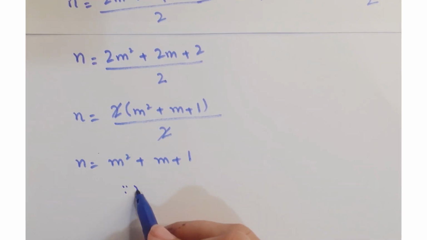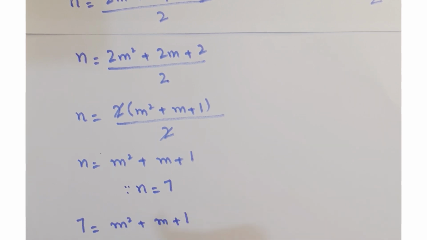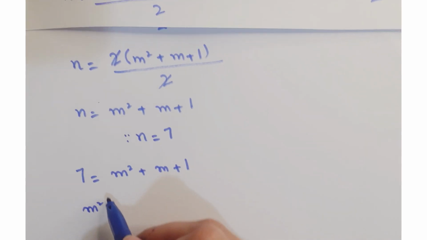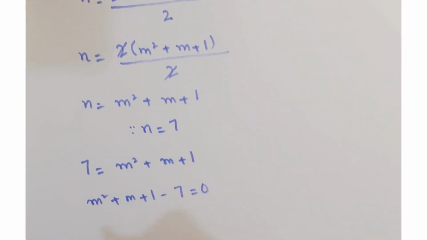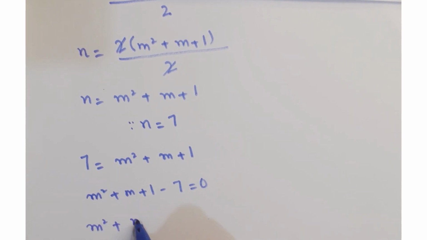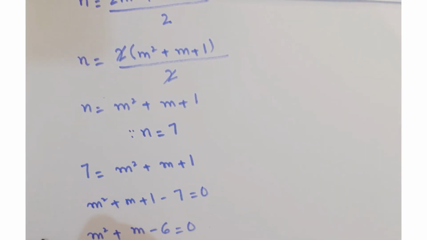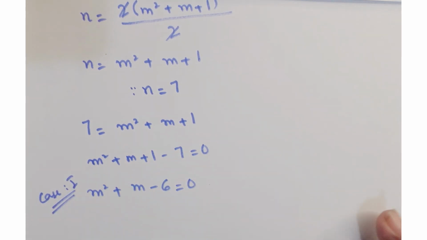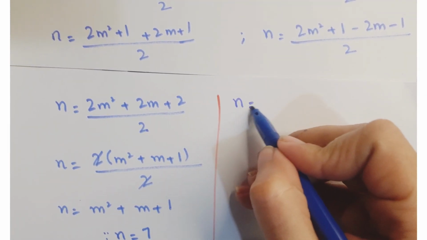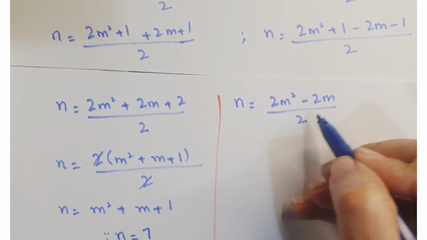Since n has a value 7, putting the value here, this is 7 is equals to m square plus m plus 1, or you can say m square plus m plus 1 minus 7 is equals to 0. Further, m square plus m minus 6 is equals to 0. Now this is our case number 1. Working on the other equation, we have n is equals to 2m square minus 2m upon 2.